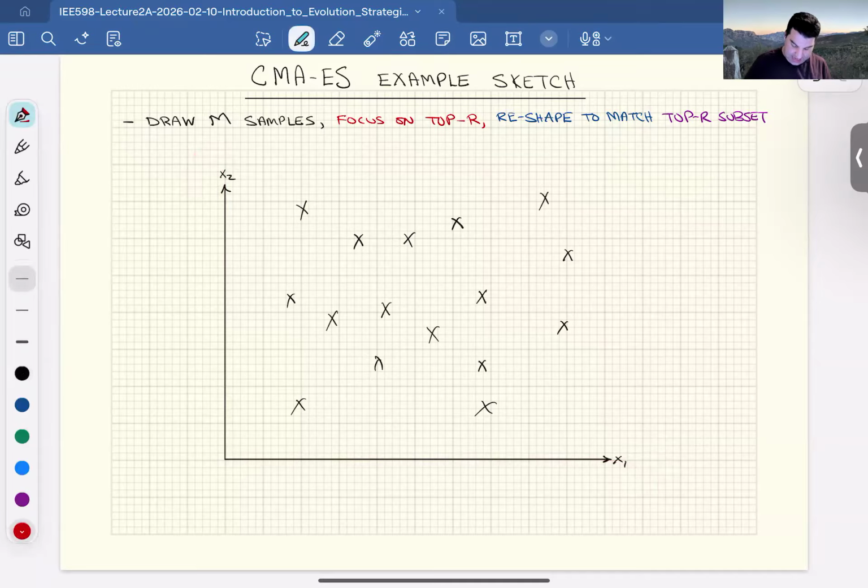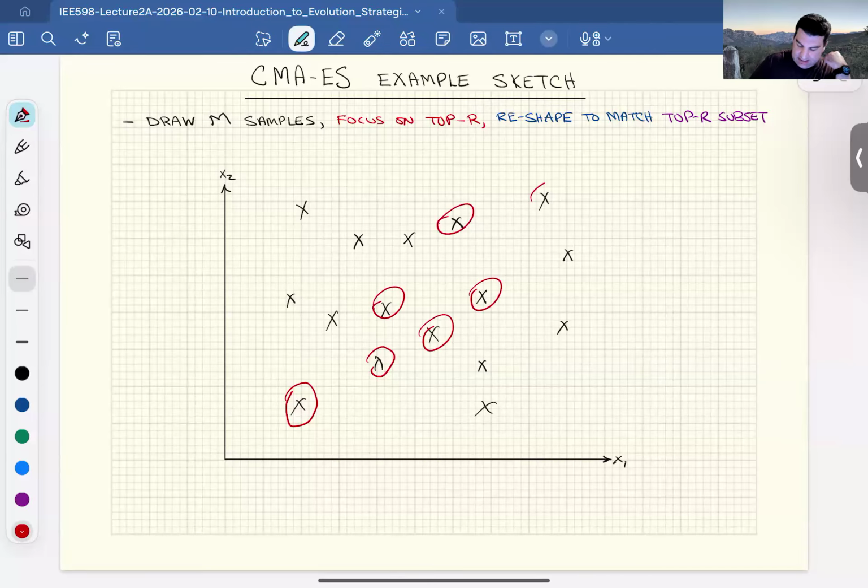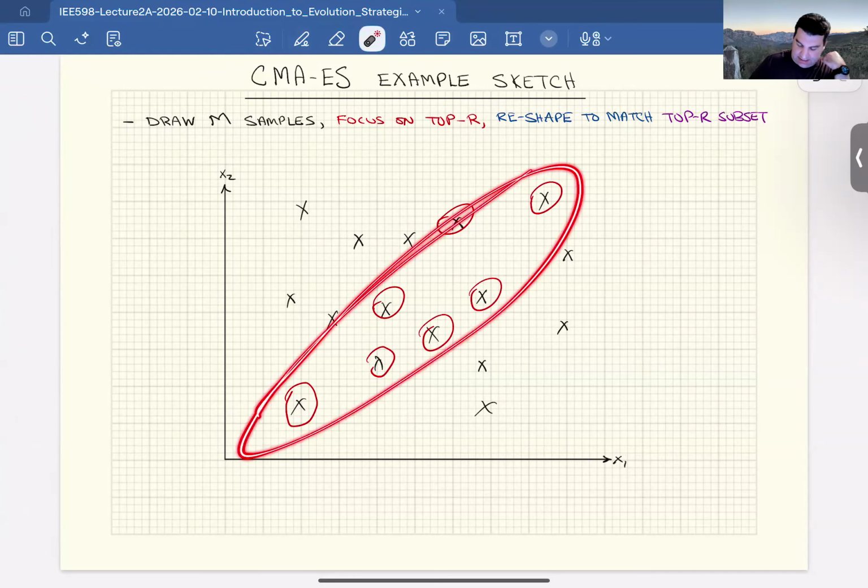Then I might find that after I sample all those, the ones that have the highest fitness happen to be, let's say, I'm just going to pick these at random to try to make a point, are these. So it just happens to be that these points are a higher fitness than these.